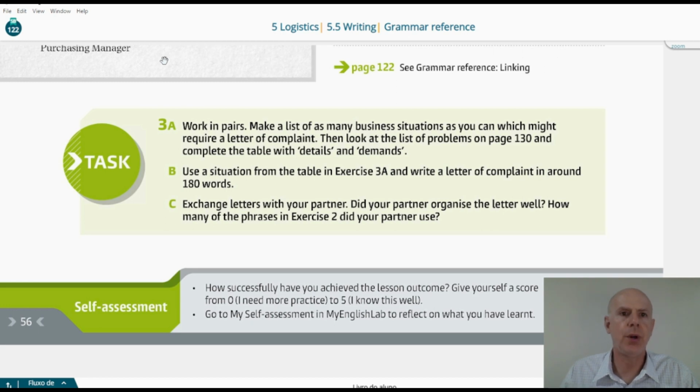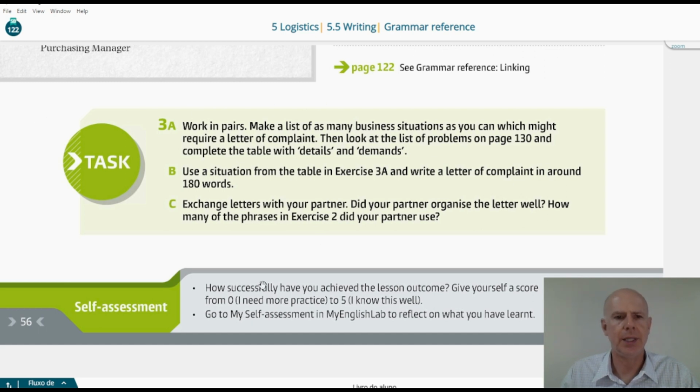This is what we saw in the examples. Late payment, damaged goods, wrong goods, invoice incorrect, so they charge you incorrectly, inferior quality, late deliveries, many things, right?